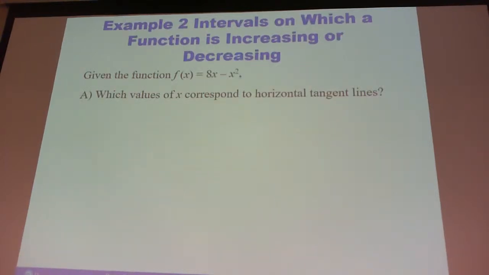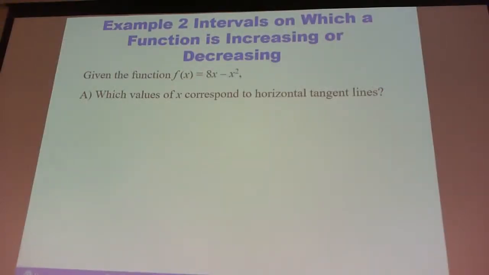Okay? So if I had 8x minus x squared, I want you to practice. Take the derivative, set it equal to 0, and solve. Find the numbers. Those are called critical values. We'll show that soon. But let's practice: take the derivative, set it equal to 0, and solve. Number 1, you need to know how to take a derivative.